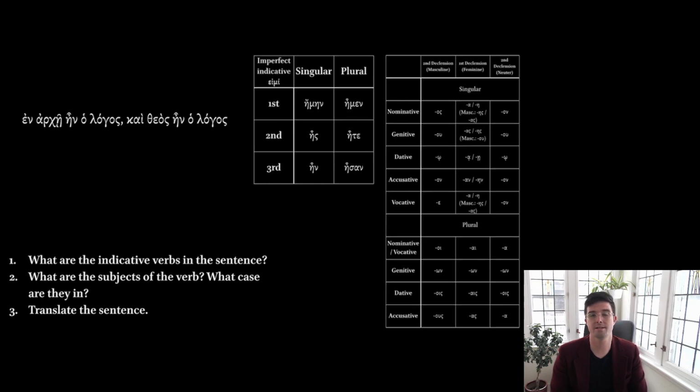And here are some helps for you if you had any trouble with any parts of this. So I've given you here the imperfect indicative paradigm, and I have given you the different noun endings.